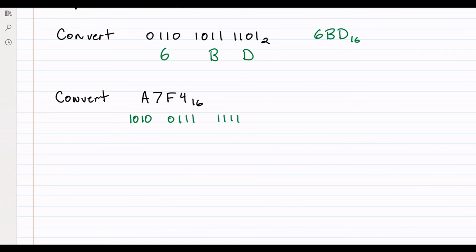And 4 is 0, 1, 0, 0. Okay, so there is your binary number just translated into its equivalent nibbles. Okay, so it's actually really easy this way, much better than trying to say take this number here, going to decimal first, and then going from decimal to binary, right? This takes 3 seconds if you can remember what these nibbles represent in their hex equivalents.